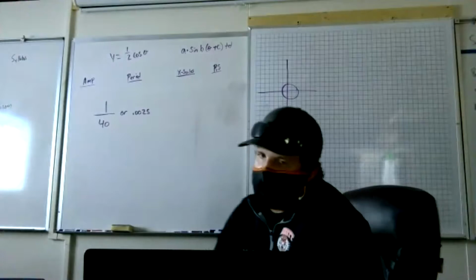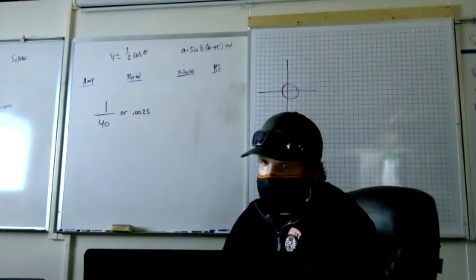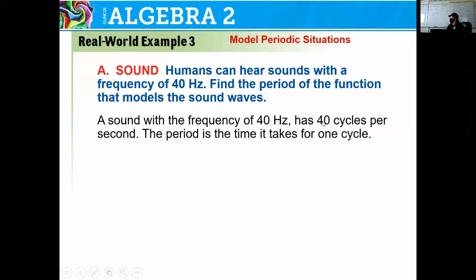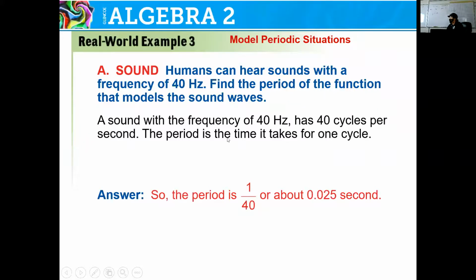So the period would be 1/40th. It's 40 cycles per second, and the period is the time it takes for one cycle. So the period is 1/40th, or about 0.025. Because it was given 40 hertz, cycles per second, we flip it to its reciprocal to find 1/40th.